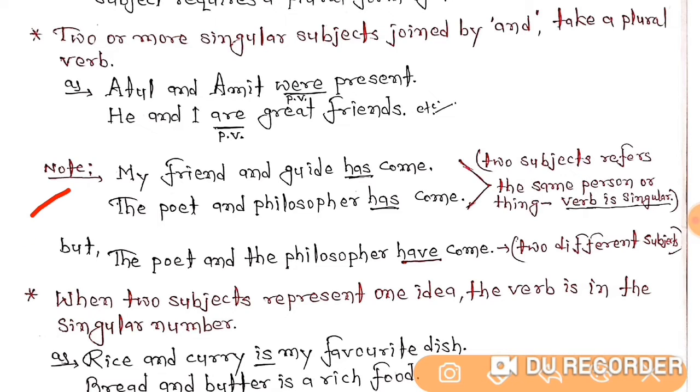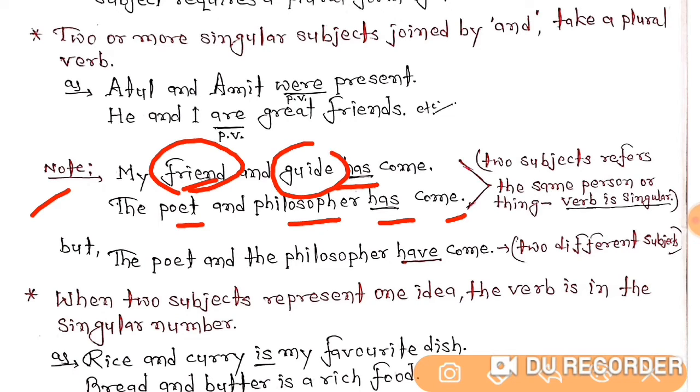Its note tells you what? My friend and guide has come. The poet and philosopher has come, right? So students, in the first sentence you can see friend and guide both are the one person, you can say.